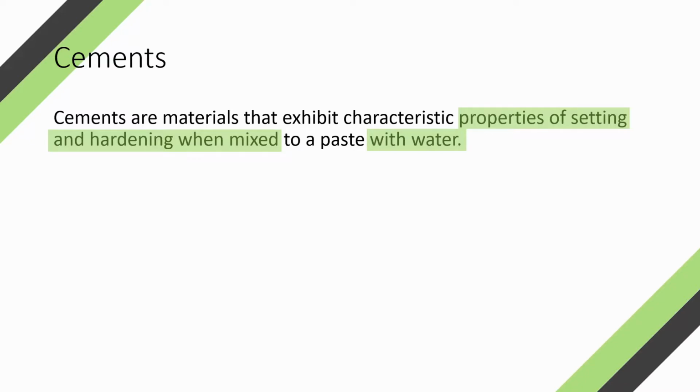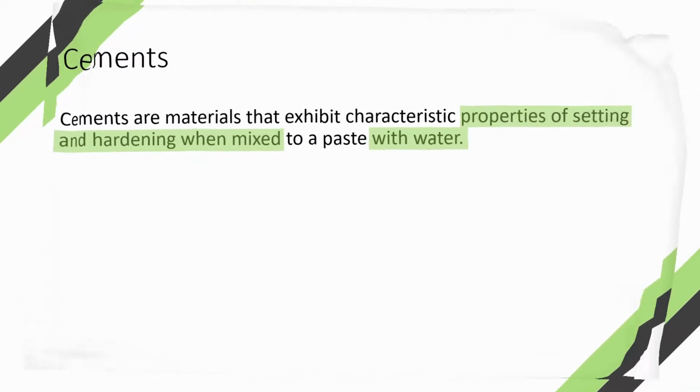So, yung cement paste, yan yung ginagamit natin na binding medium sa ating concrete mix. So, kapag semento lang na walang tubig, hindi siya magbabind. So, it needs water. So, it exhibits the properties na setting and hardening kapag na-mix na siya with water.